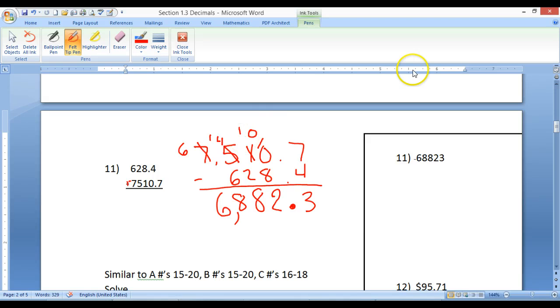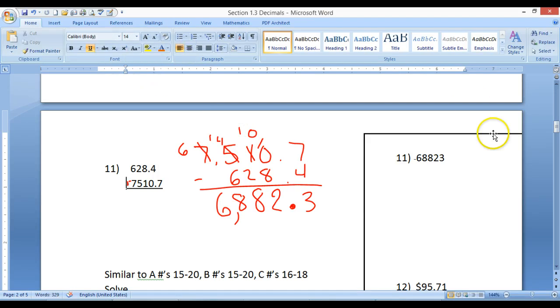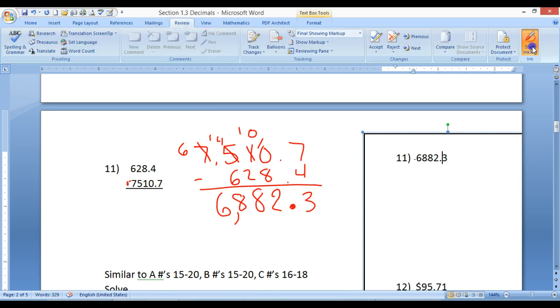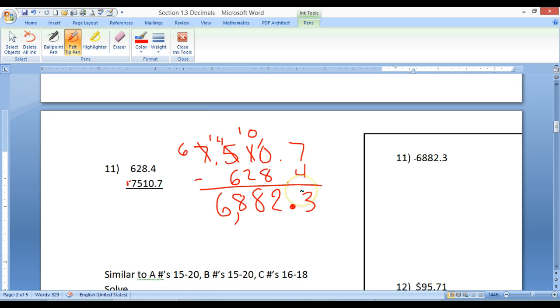Whoops, and my answer key is wrong. I apologize. I need to come in here and get myself a decimal. There we go. And don't forget, I have to go back and make sure I take the sign of the larger number. In this one, it's negative 7,510.7. So the whole answer is negative.